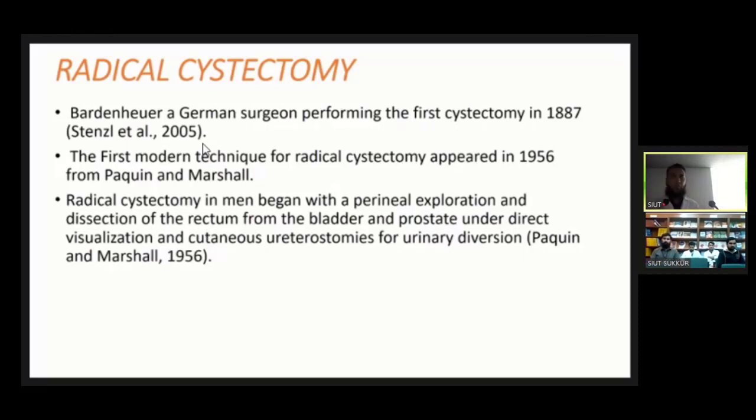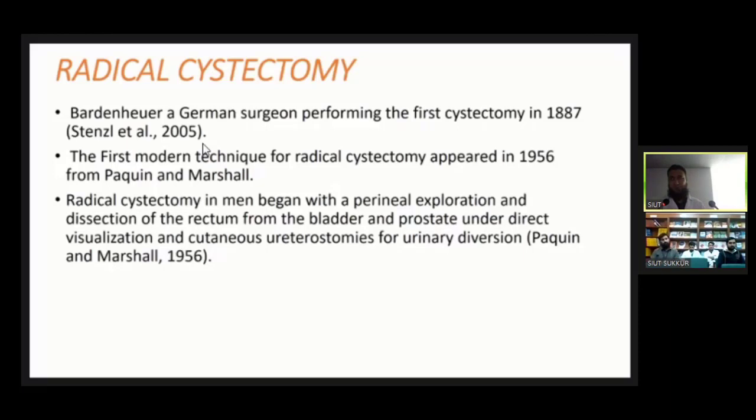What are the chances of recurrence in bladder cancer? How much do the chances increase in patients who receive it?